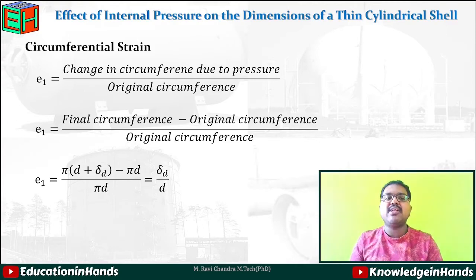But we got the value of E1 as PD by 2tE into 1 minus mu by 2. So equate these two equations.